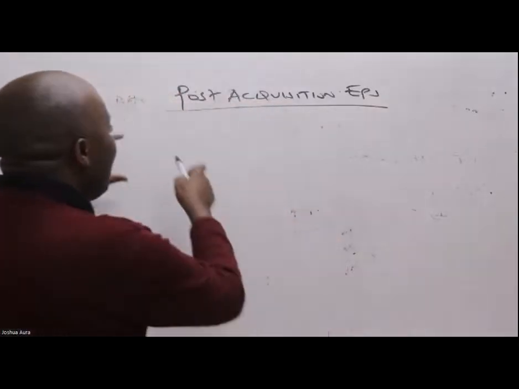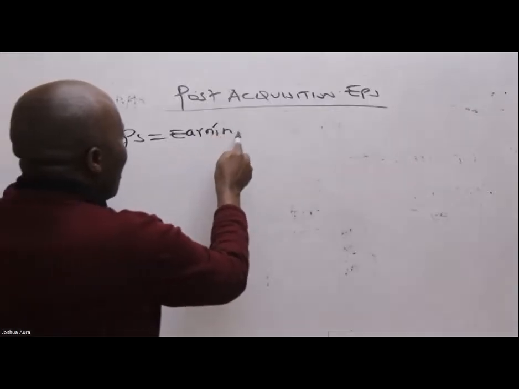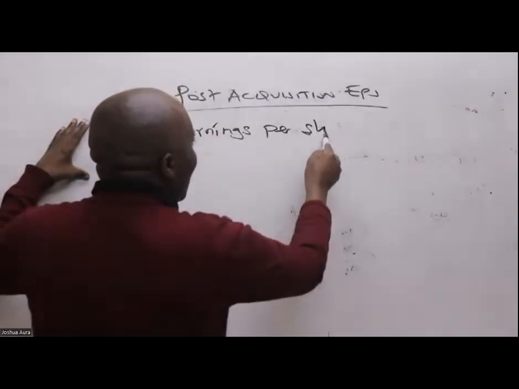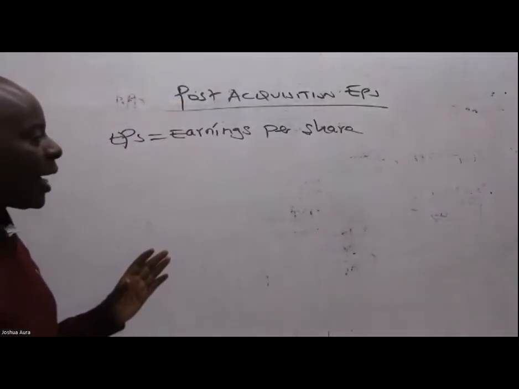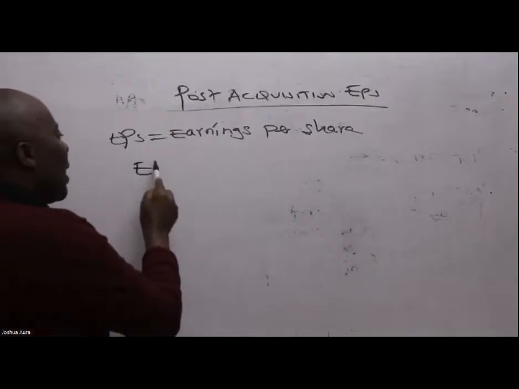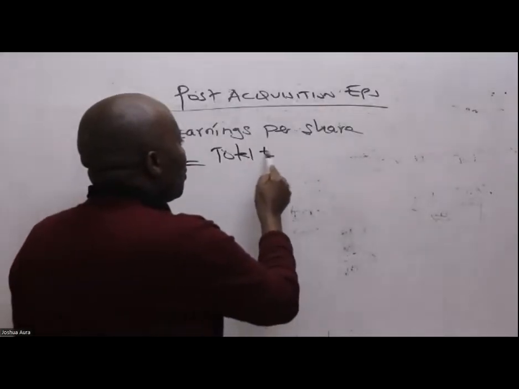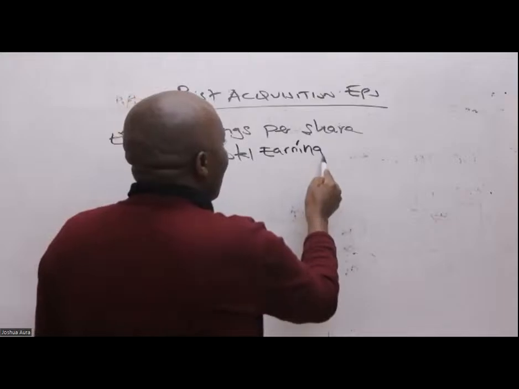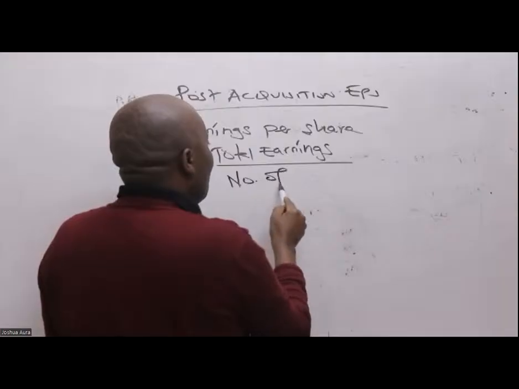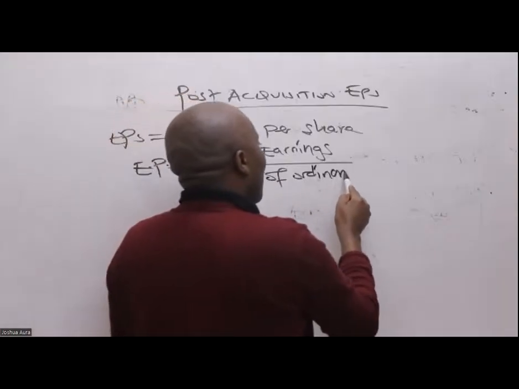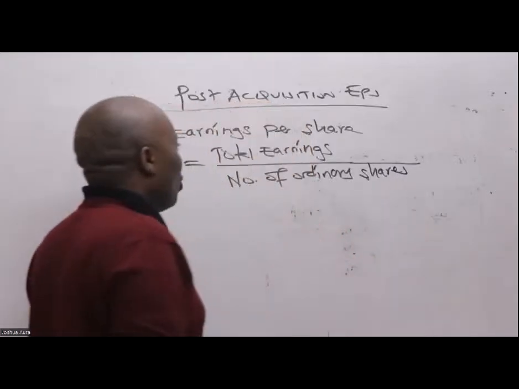You see, EPS stands for, in full, earnings per share. And for us to be able to get earnings per share, we normally take the total earnings of the firm over the number of ordinary shares.